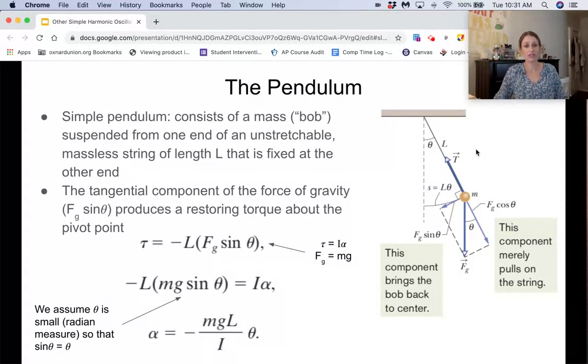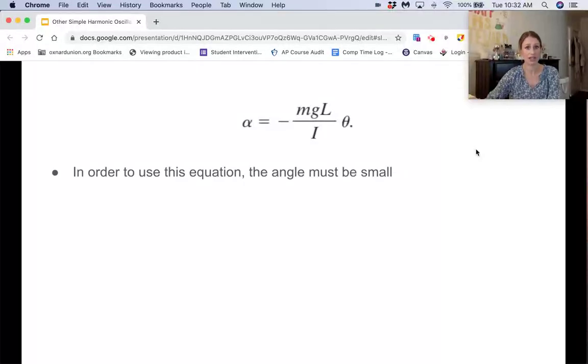And then if we solve for our angular acceleration, we get this equation here, our negative mgL over I, so mass times acceleration of gravity times length of the string over the rotational inertia times our theta. Okay, so we get this equation for angular acceleration of the system. Now again, this is called the small angle approximation.